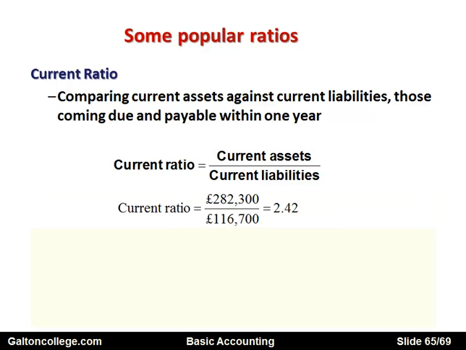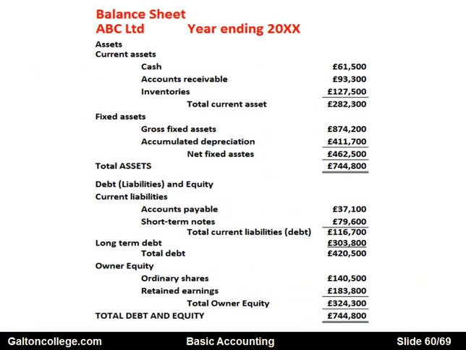We can go back to the accounts and look at those. It's current assets 282,300 over the current liabilities 116,700.